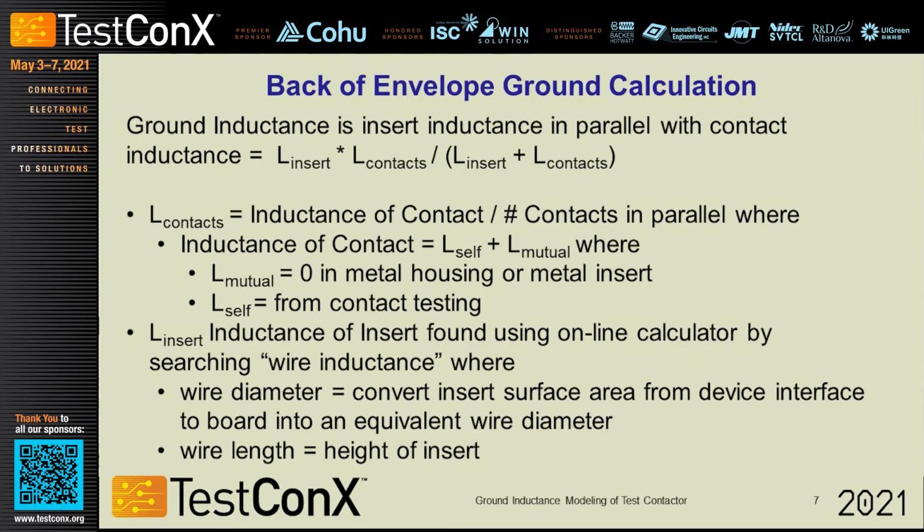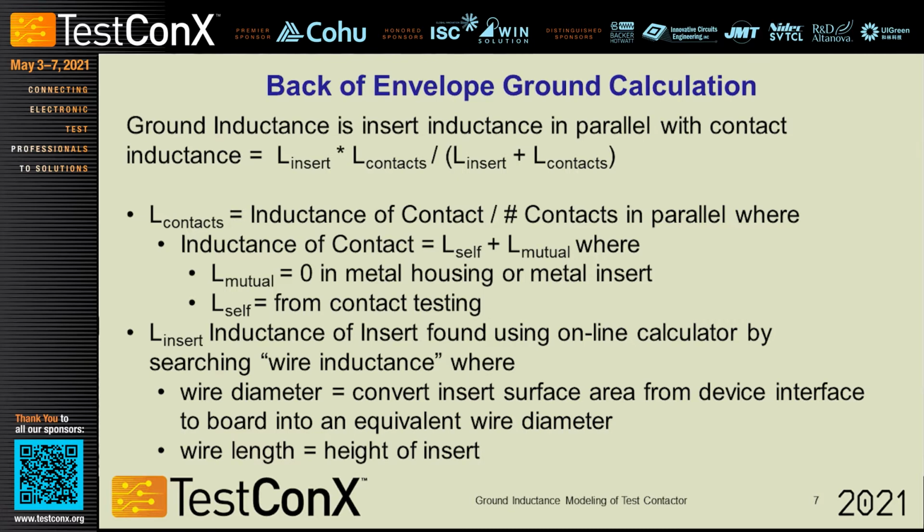This is a calculation of the back of the envelope ground calculation. Basically, it's very similar to resistances in parallel. You have the inductance of the insert times the inductance of the contacts divided by the sum of the inductance of the insert and the inductance of the contacts, where the inductance of the contacts is the inductance of one contact divided by the number of contacts in parallel.